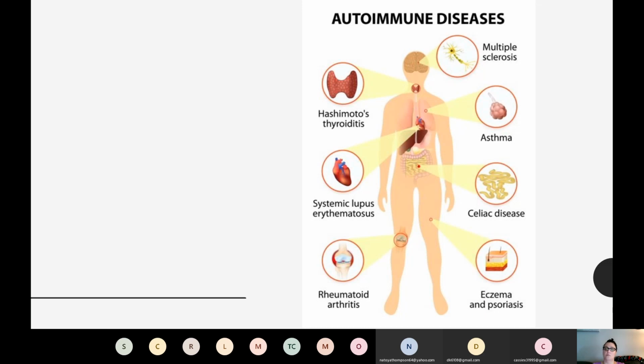It's hard to move. Lupus, and I know it's pointing towards the heart because lupus can affect the heart, but it can also affect the kidneys. And then there's another one, Hashimoto's thyroiditis. It actually attacks the body's thyroid. So these are just some examples.